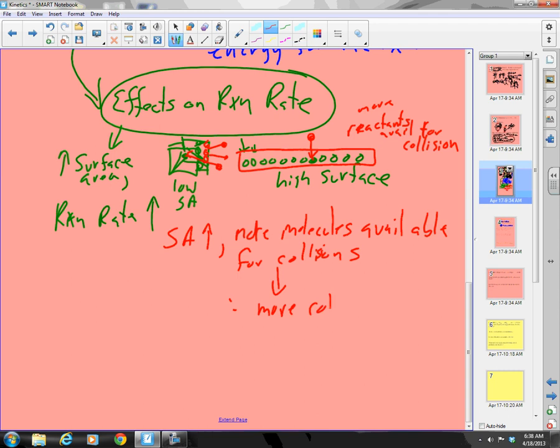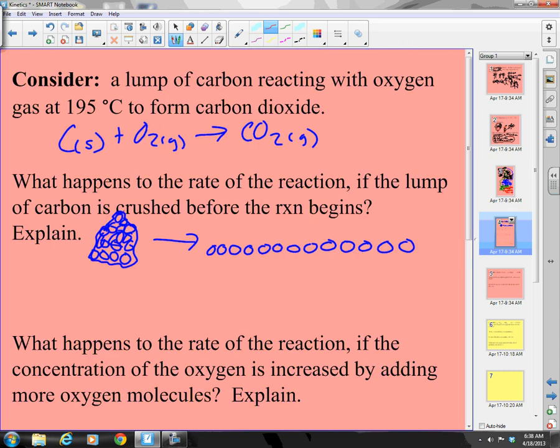More collisions. And if I get more collisions, that means what? Rate increases. There we go. So what happens when my carbon is crushed? My rate increases. Got it?